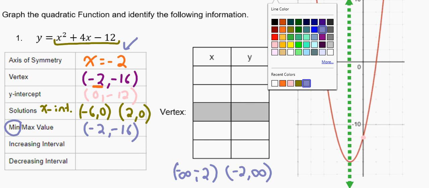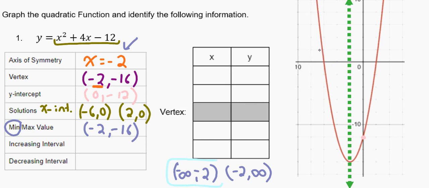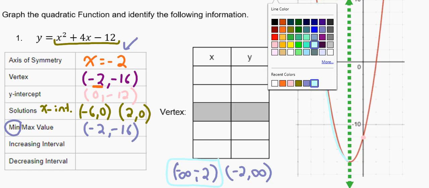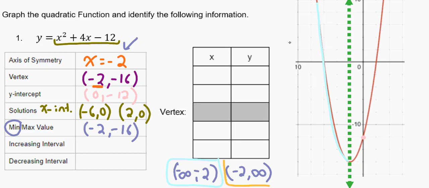Let's get some color so we can see this a little better. The -infinity to -2, that's this part of the graph. Then let's get something orange. The -2 to positive infinity, that's this part of the graph. So we just split the graph into two, right at that -2.